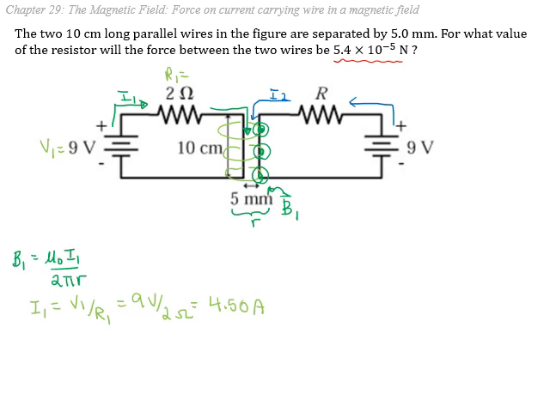Let's go back to our expression for our magnetic field. Mu naught is 4 pi times 10 to the minus 7 Teslas meters over amps, times our current I1, 5.0 amps. Divide that by 2 pi r.